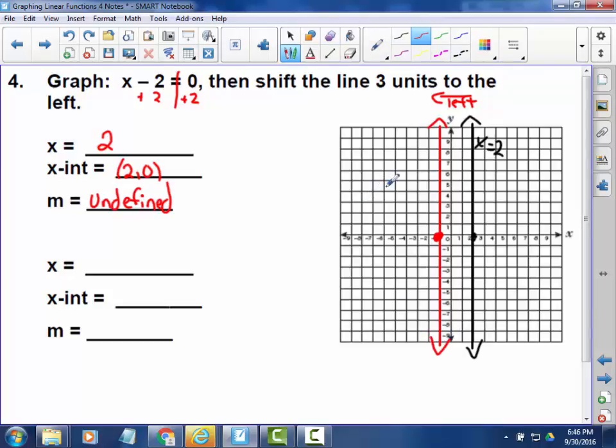We have our new line here, so our slope is still undefined. Our x-intercept is at negative 1, 0, so our line is x equals negative 1.